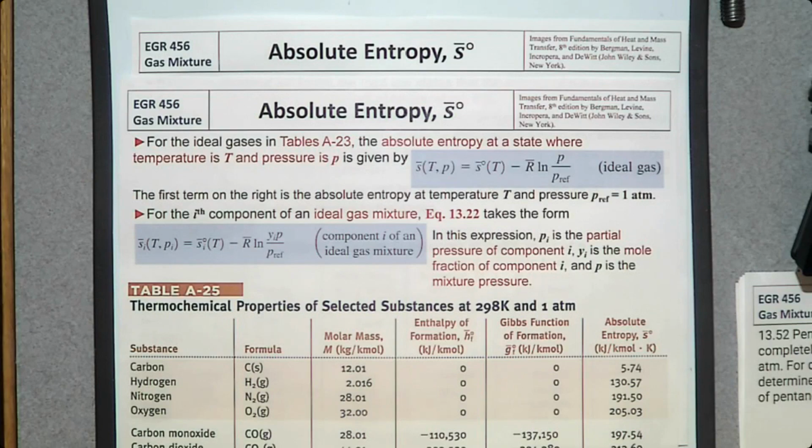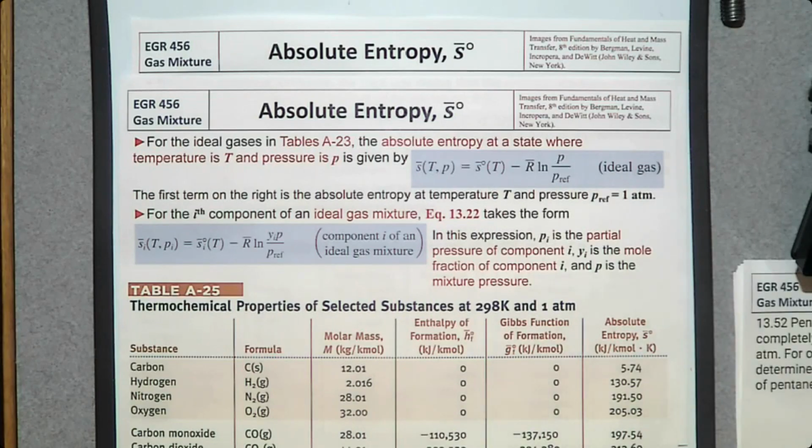And we can use this term to determine the effect of pressure. Okay, so it's going to be universal gas constant times natural log of the partial pressure over the reference pressure, which is usually 1 atmospheric pressure. Okay, the rest of them is the same.